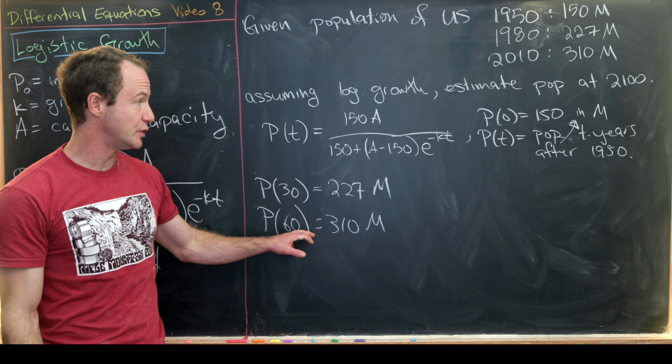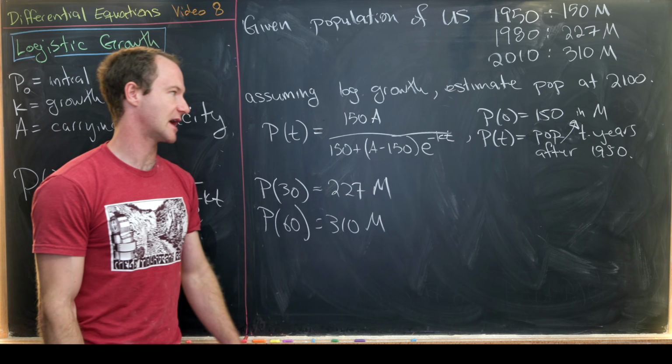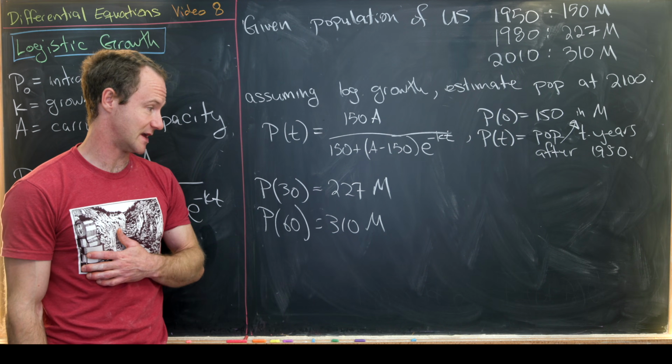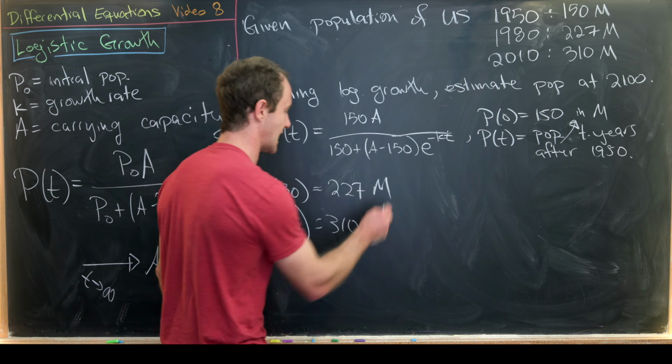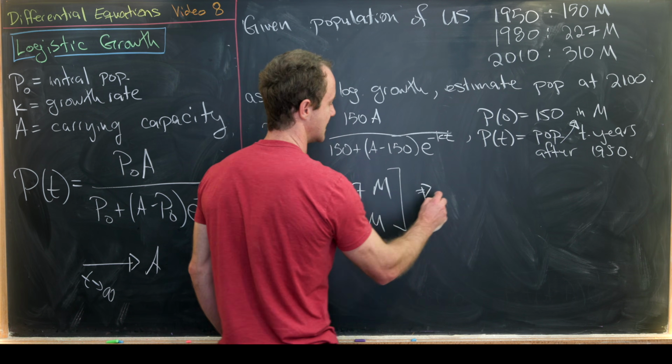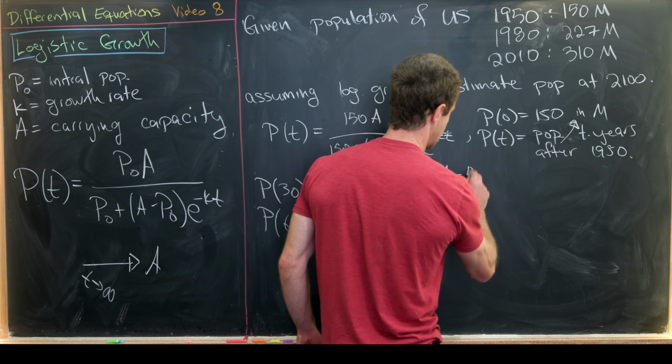So that gives us two equations to solve for capital A and our growth constant k. And I'll let you guys decide your favorite way to solve such a system of equations, but I solved it in Mathematica, and what I ended up with was A equals 515.